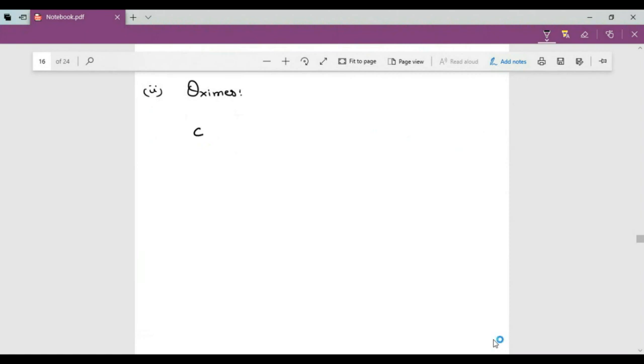Similarly, you can have geometrical isomerism in oximes: R1, R2, OH, lone pair, and R2, R1, OH, and lone pair. So these are two different geometrical isomers, and so on.